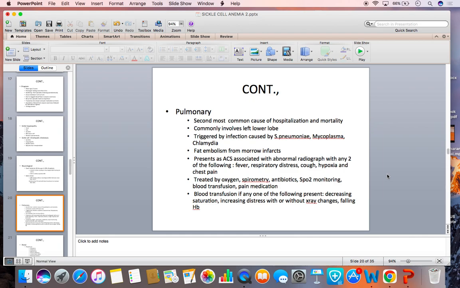Presents as acute chest syndrome associated with abnormal radiograph with any two of the following: fever, respiratory distress, cough, hypoxia, and chest pain. To define it as acute chest syndrome, these features should be present.